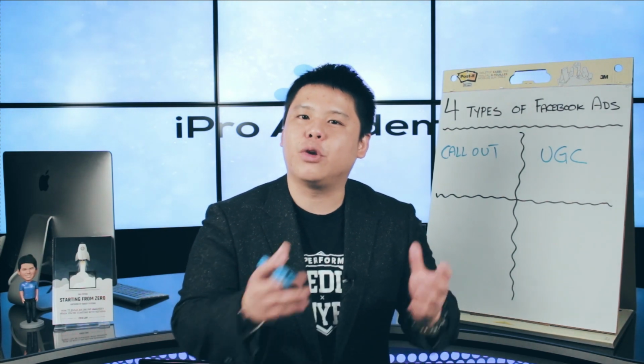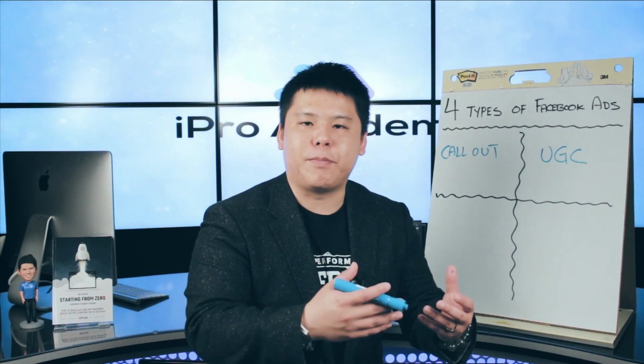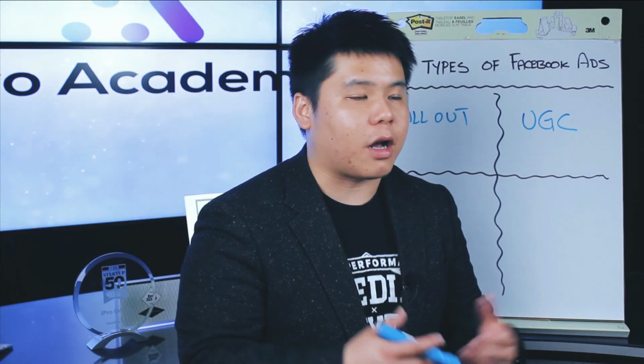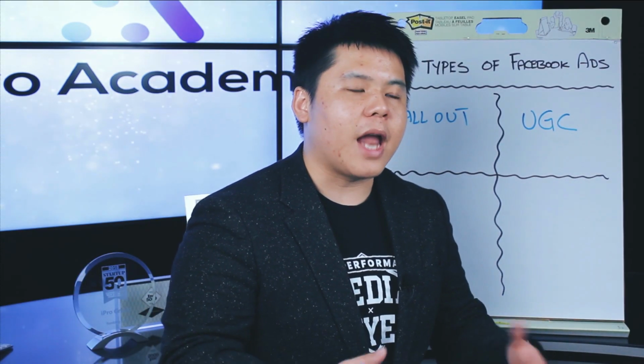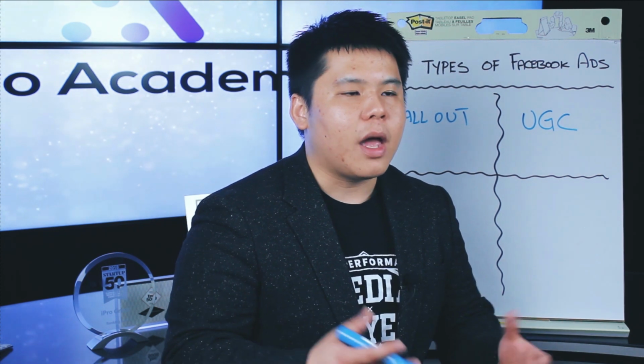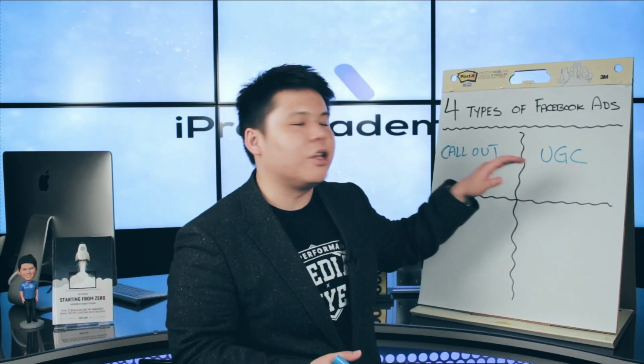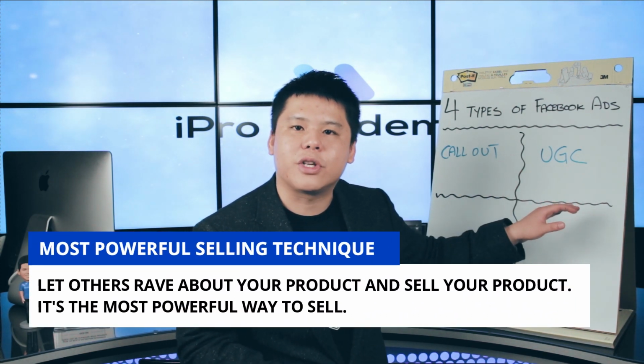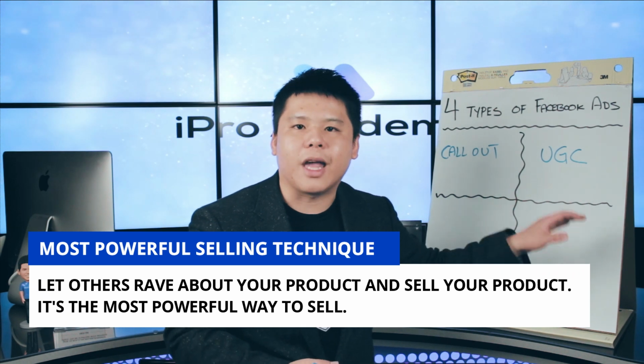People are more likely to buy because other people are selling on your behalf. That's why user-generated content works phenomenally well. And if you have a mechanism in place to ask your customers to record a review video for you, guess what? You can turn it into user-generated content and let your customers sell for you in the ad.